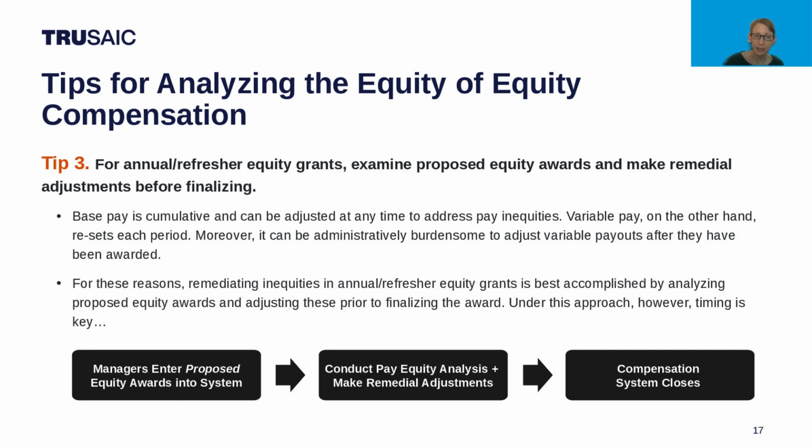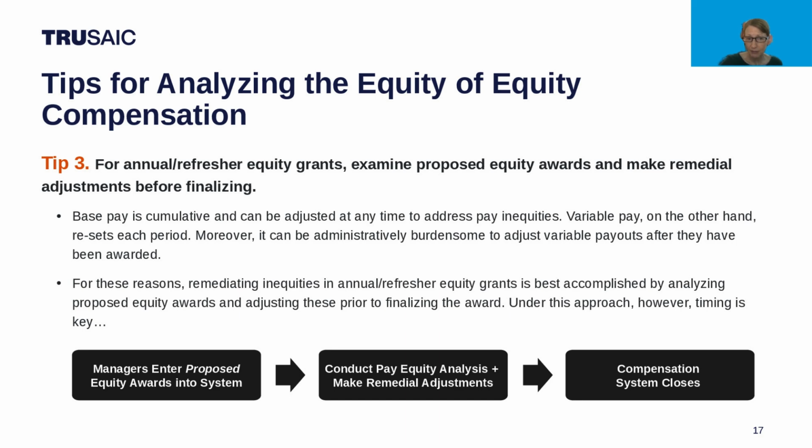So our third tip is that when you're looking specifically at your annual refresher equity grants, we recommend examining proposed equity awards and making remedial adjustments before finalizing. If you think about it, base pay is cumulative and can be adjusted at any time to address any kind of pay inequity that you may have unearthed during a pay equity review.